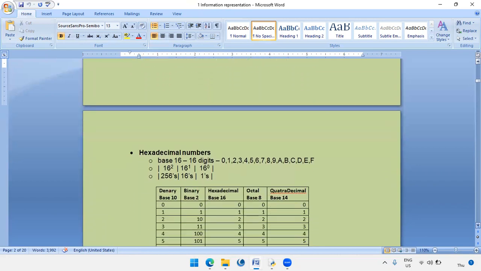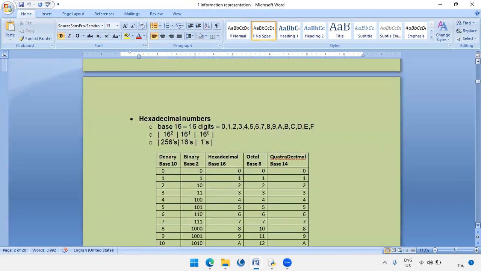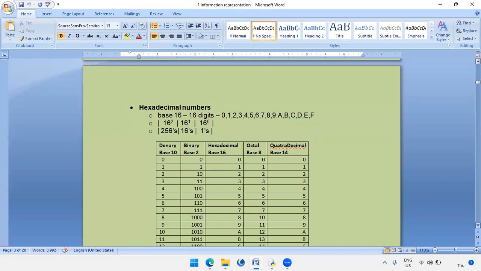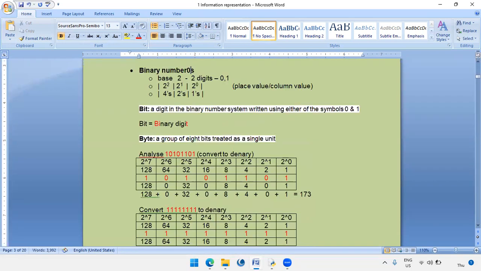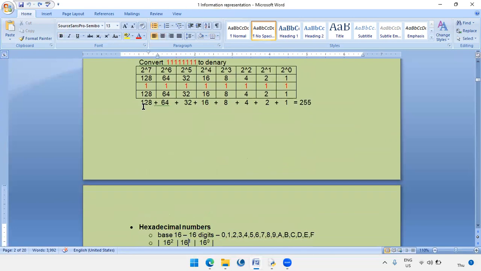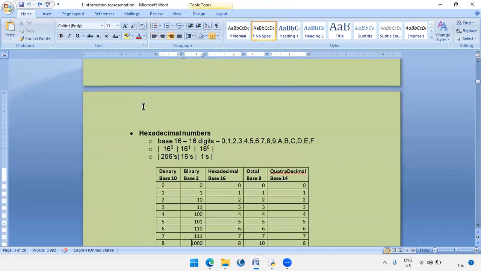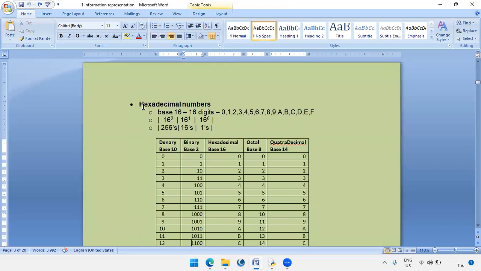Then we come to hexadecimal, another system, where the base is 16. Hex, as you know, is 6, like pentagon, hexagon. Hex is 6 and decimal is 10.